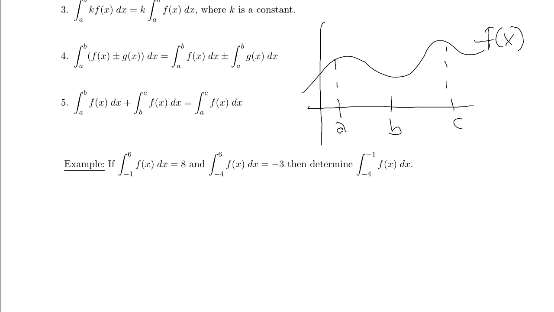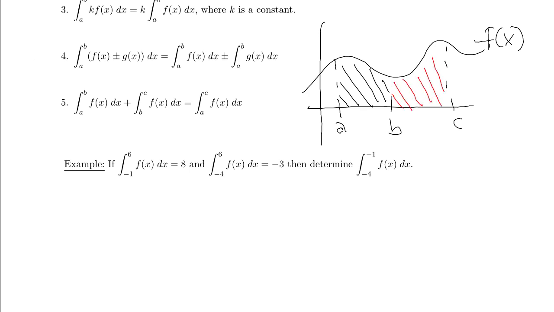Well, what we're saying we can do with the integral is we can find the area entirely between a and c, or we could find the area between a and b first. And then we could add to it the area from b to c.